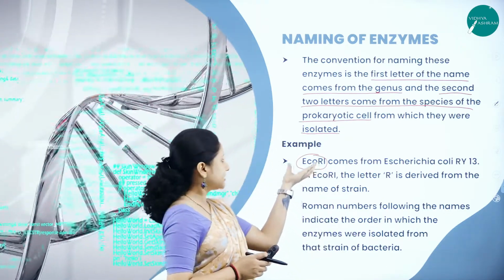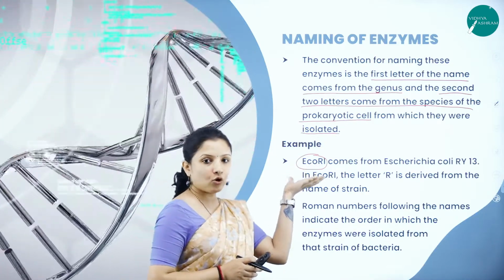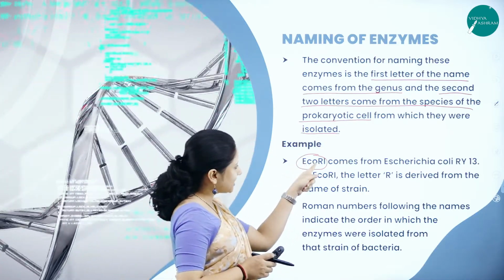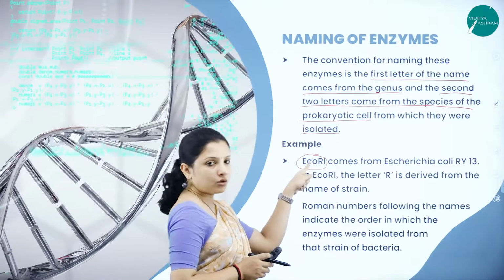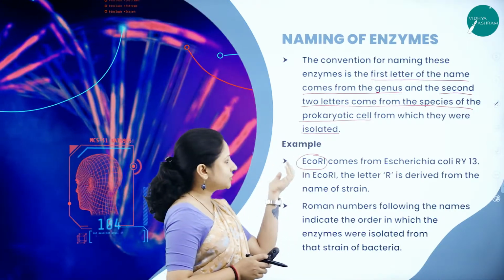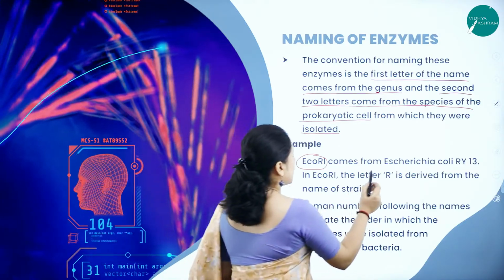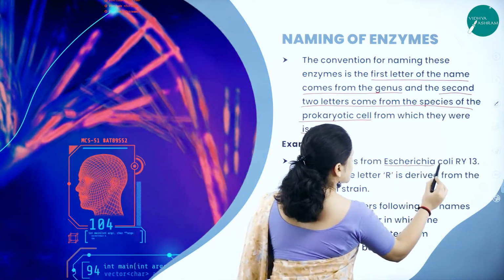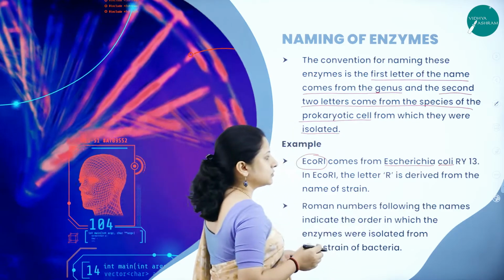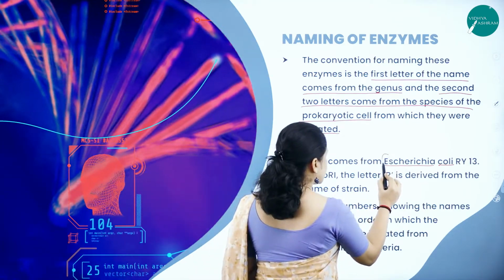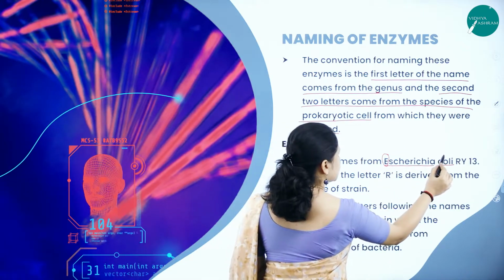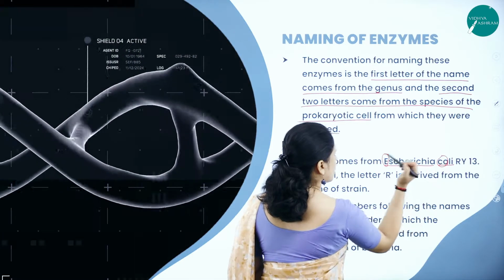This particular restriction enzyme is named EcoRI. Can you see the first word here, Eco? It is easy for us to identify where it would have been taken from. It would have been taken from Escherichia coli. They took E from Escherichia, then co from coli.